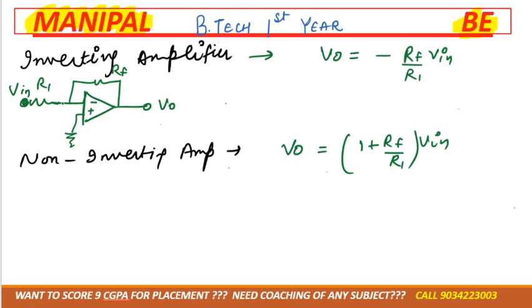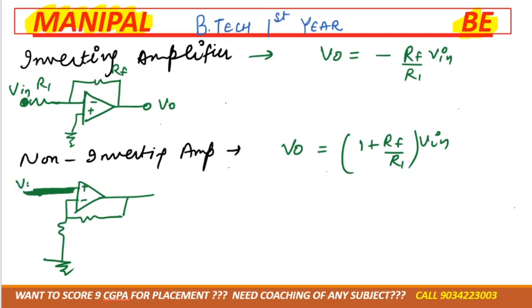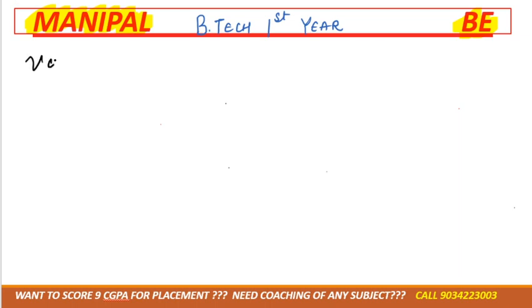diagram for this one is again the opamp, negative here, feedback is always connected with the negative, okay, but here non-inverting means voltage must be connected with the positive terminal, so it would be Vin, this would be out. Next one is voltage follower.